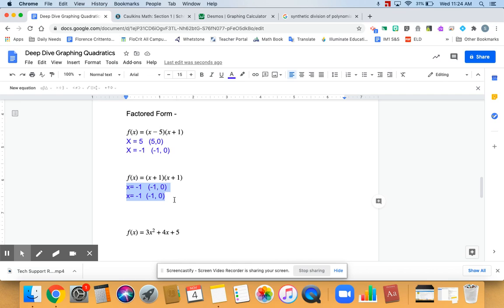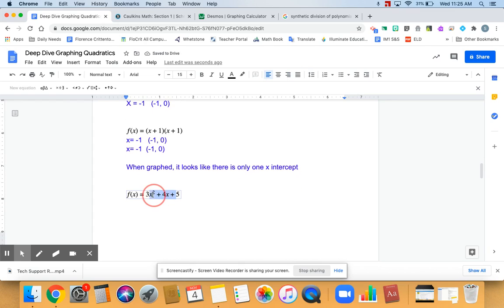And when that happens, when you graph it, it looks like there is only one x-intercept. On some of the worksheets, this happens sometimes. It sometimes happens where both x-intercepts are the exact same one, and so when you graph it, you only see one.